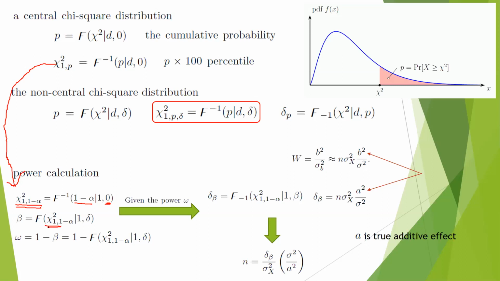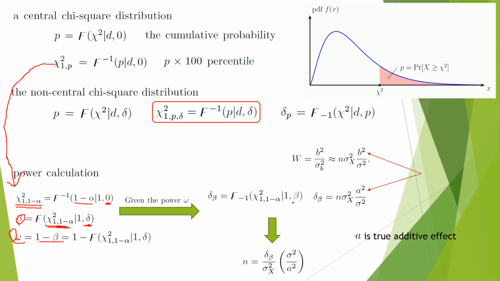And this value is important. Why? Because we use this value to calculate the power based on the alternative hypothesis, which is based on the non-central chi-square distribution. So here you see the non-centrality parameter. Based on this, we can easily calculate the beta area, and then with the beta, power can be easily calculated by 1 minus beta, right? Okay, so this is one situation.